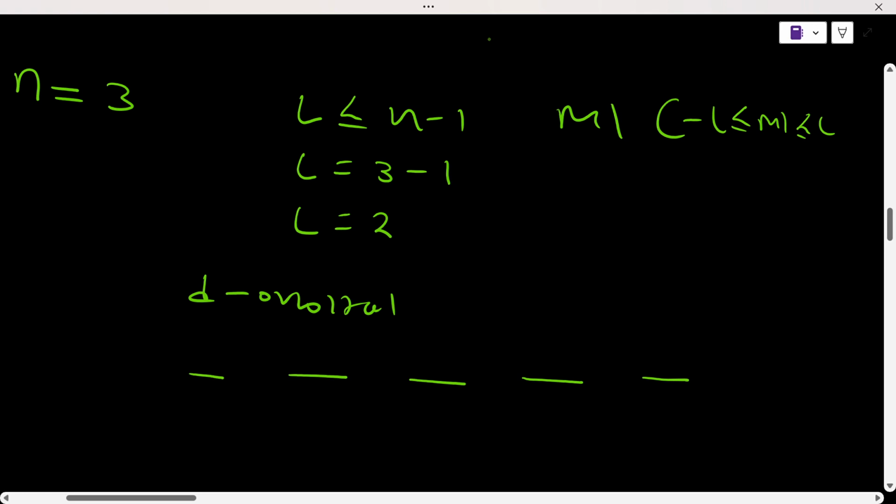And now I know very well that the magnetic quantum number here is minus 2, minus 1, 0, 1, and 2 based on this formula.